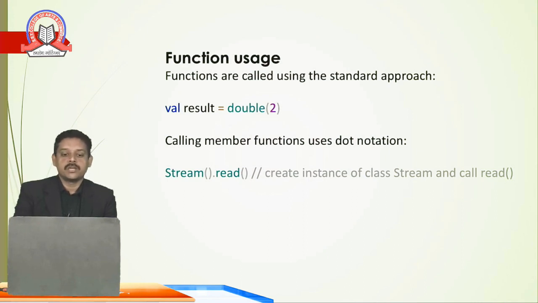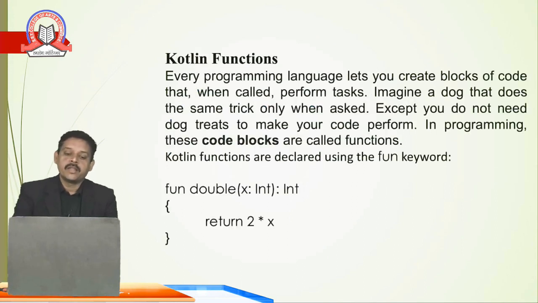Here, as you can see, we have used one line of code, that is val result is equal to double(2). This double(2) is used to call the function which we previously created, and this value 2 is given as the argument to the parameter x, and then it will run the line of code which has been written in the function double.